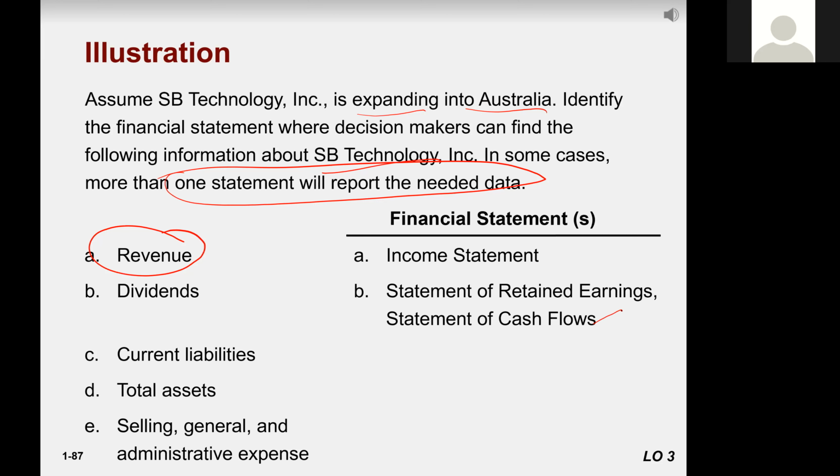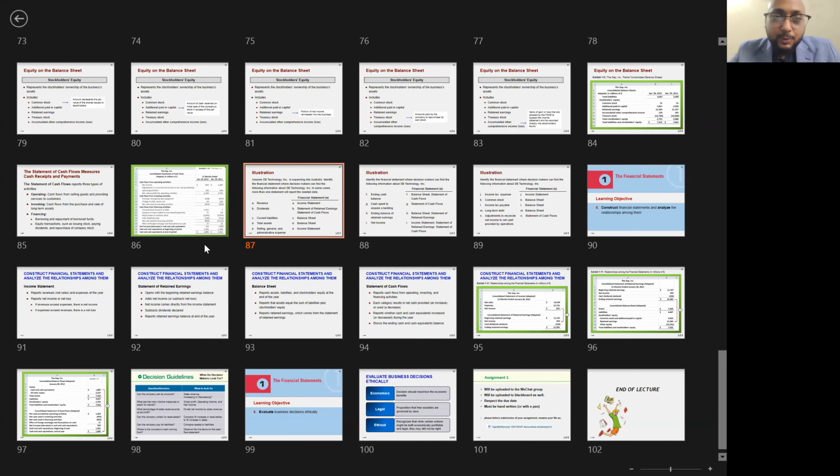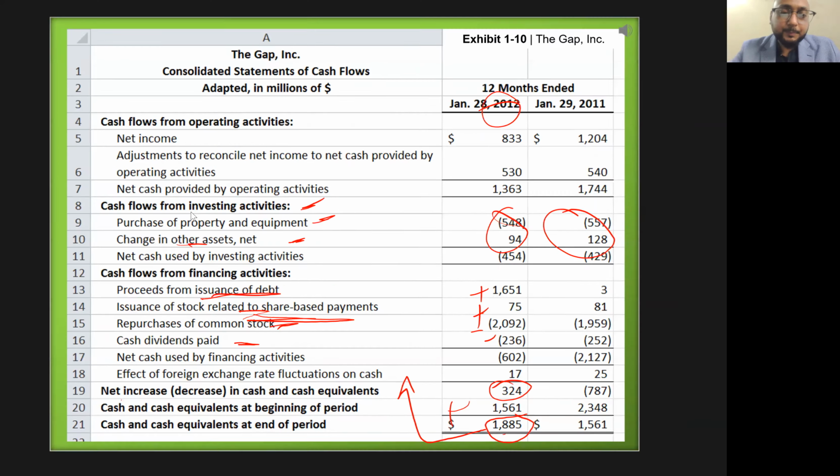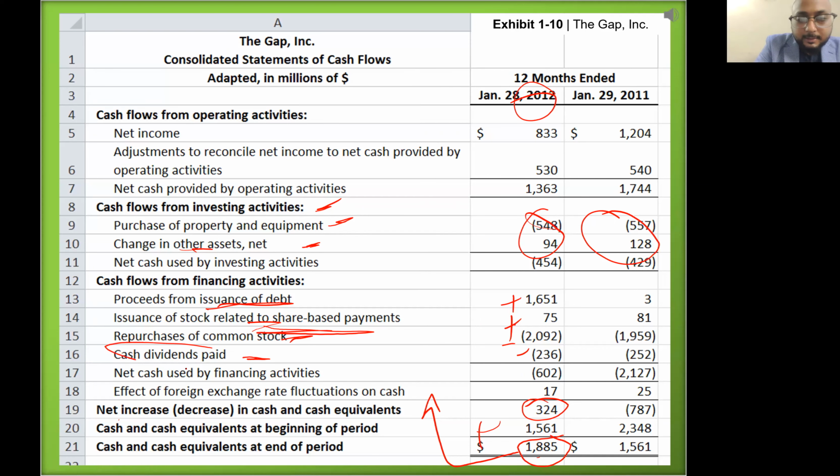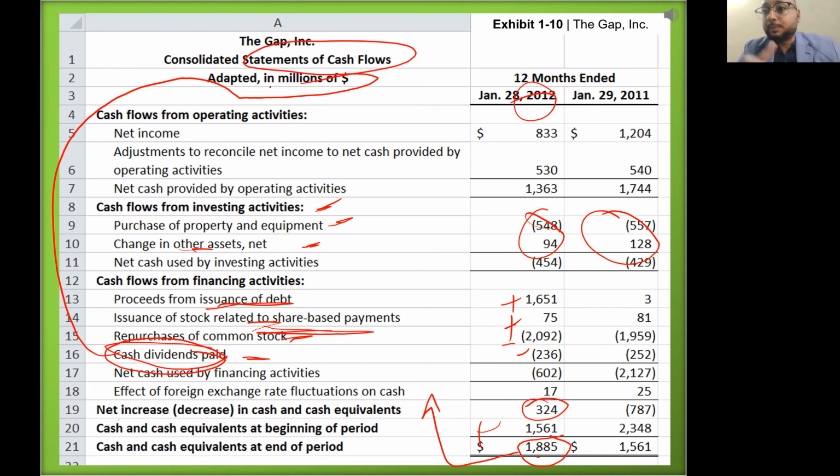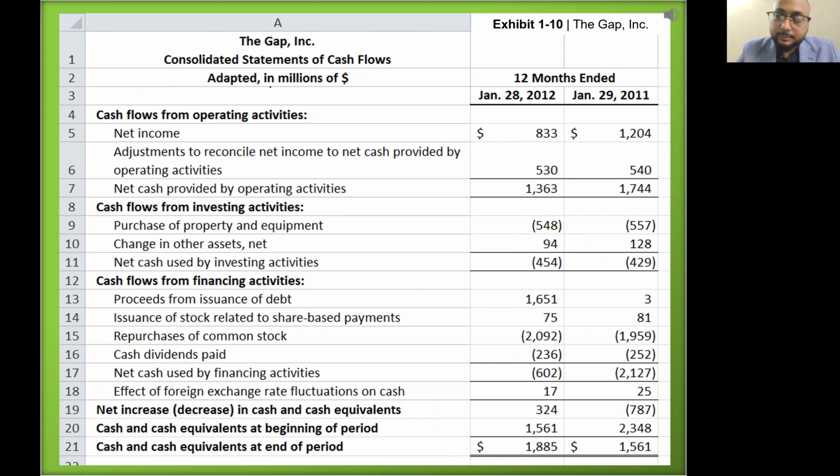Payment of interest and payment on the funds acquired will be reported here. Let me just show you here. So dividend figures can be picked up from two statements, retained earnings and the cash flow statement.